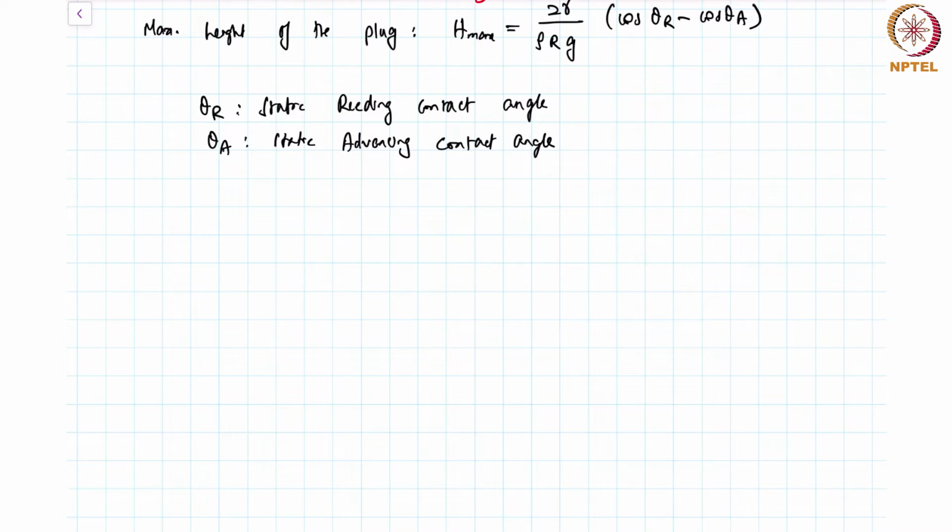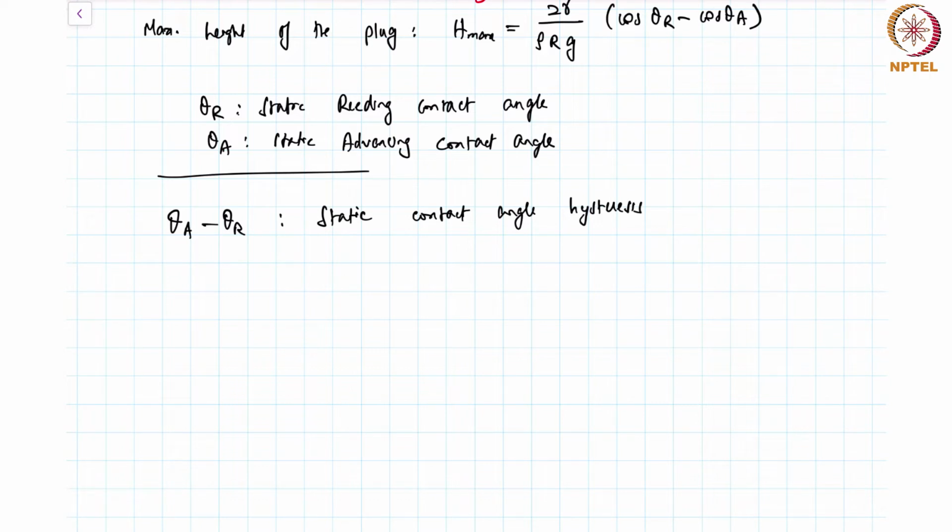So this difference that we have here, theta A minus theta R, is referred to as the static contact angle hysteresis. This is the difference between the maximum allowable angles for theta 2 and theta 1, or for the advancing and the receding regions.